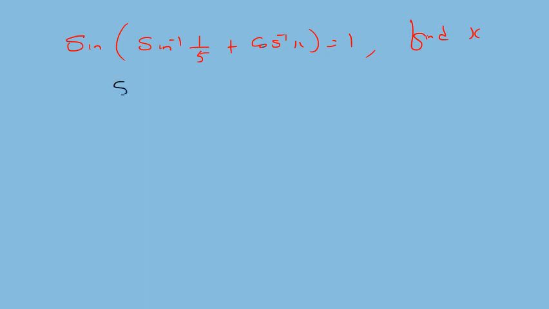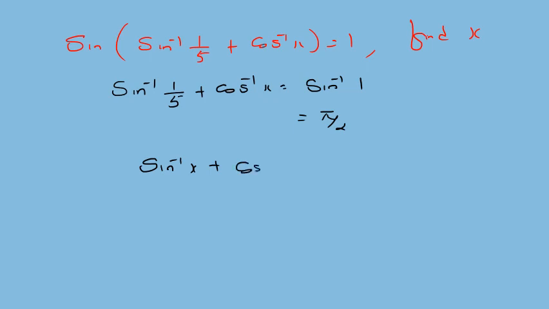So sine inverse 1 by 5 plus cos inverse x is equal to what? Sine inverse 1. So what is sine inverse 1? Pi by 2. But you know that sine inverse x plus cos inverse x is what? Pi by 2. Therefore, what is x? X is equal to 1 by 5.